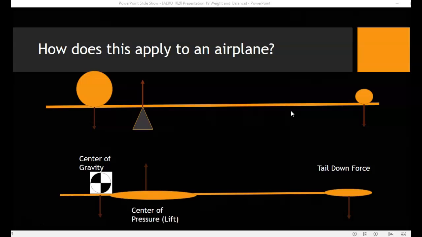The center of gravity is in front of or forward of the center of pressure. You can think of the center of gravity as the weight on one side of the seesaw and the tail down force, or the force provided by the horizontal stabilizer on the tail of the aircraft, as the weight on the other side of the seesaw.